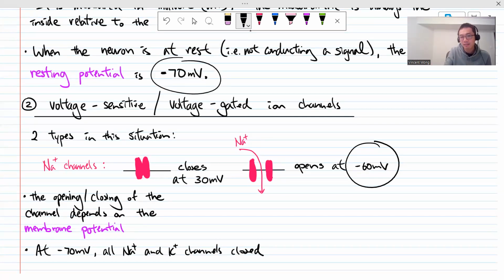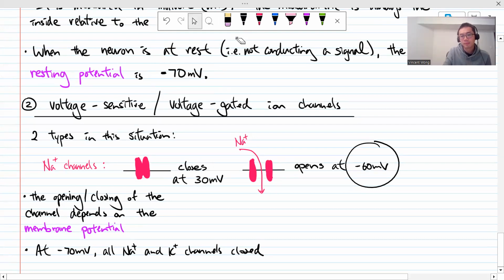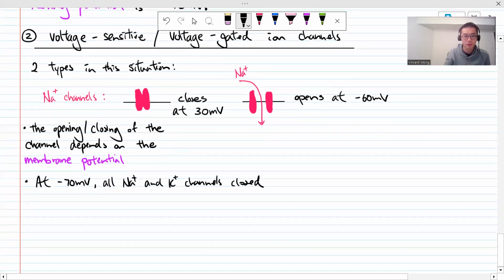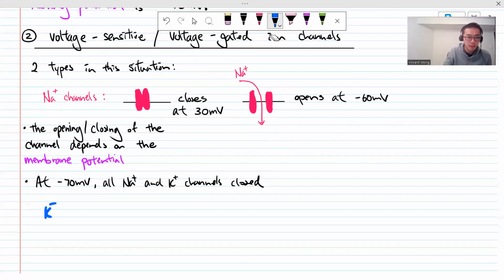If it stays at minus 70, nothing opens. If it keeps going up from 0, it's going to go to 10, 20, 30, and if it's at 30, then the sodium channel will close. Oh, okay. It will make sense when we do the graph. So, potassium channels.